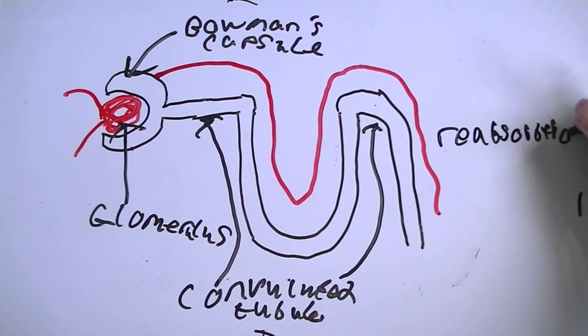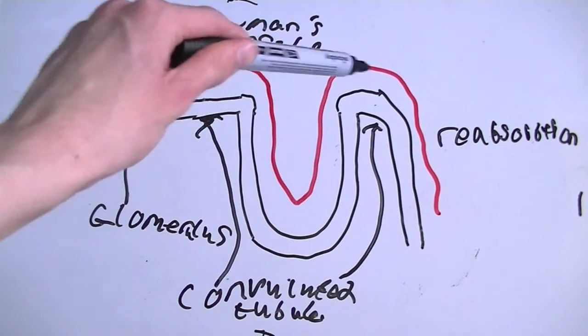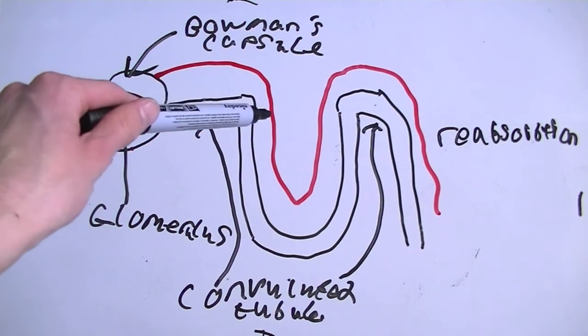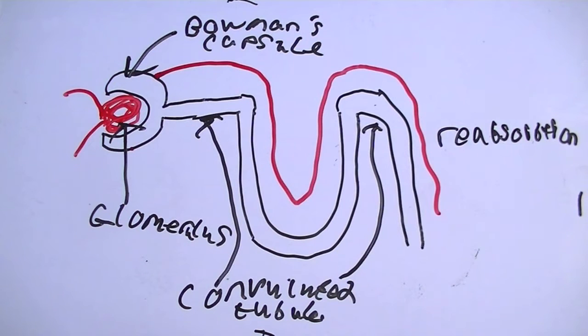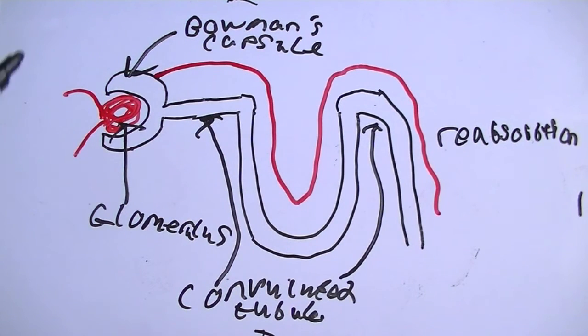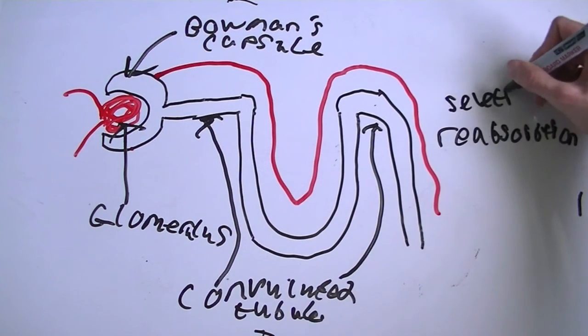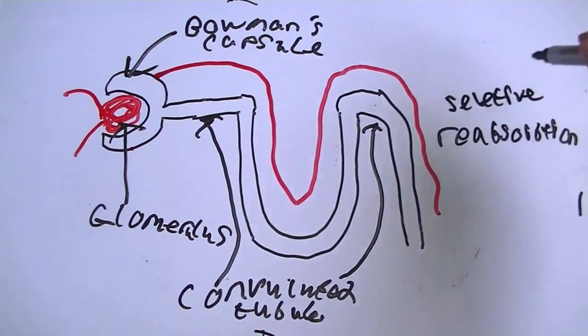And you can see here I've got this red line, okay? That's to indicate the blood, so you can see that it can reabsorb back in, okay? And when it reabsorbs certain products that it wants, so not the waste products, that's known as selective reabsorption. I'll probably spell this wrong. Selective reabsorption, okay?